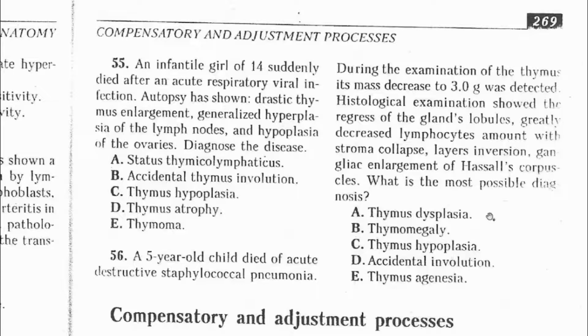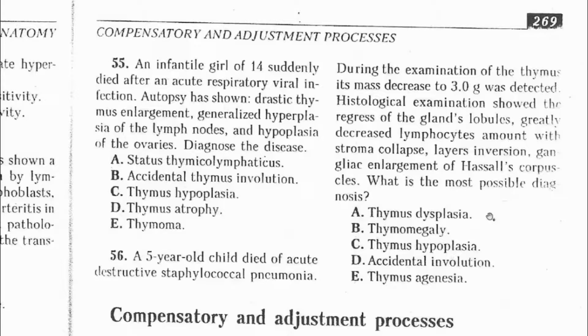And according to Ivanovskaya, that's a Ukrainian name actually, it's a method of classification. Accidental involution consists of 5 stages.